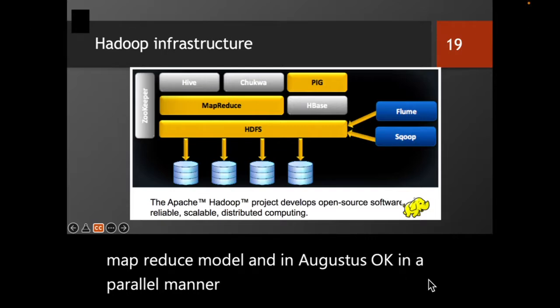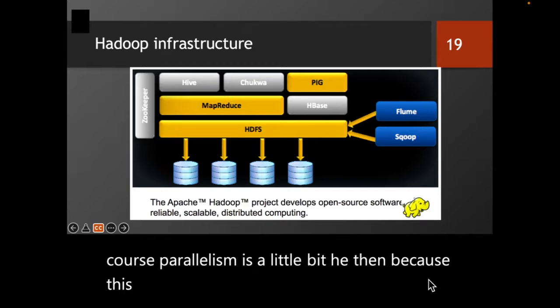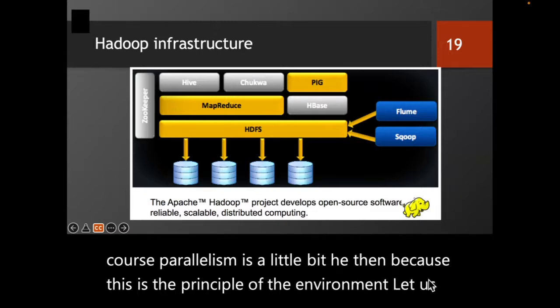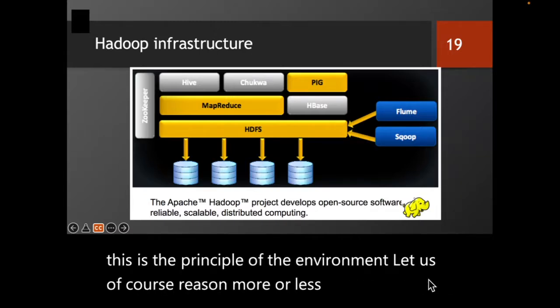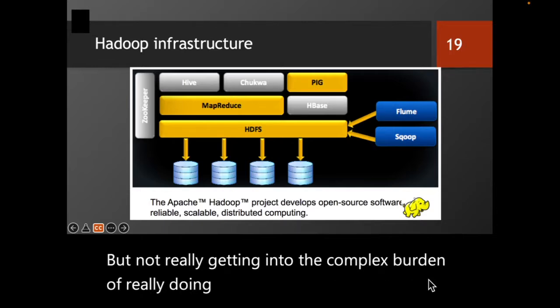Even if, as we saw in the regular course, parallelism is a little bit hidden, because this is the principle of the environment. It lets us reason more or less about parallel issues and resources, but not really get into the complex burden of doing parallel programming.